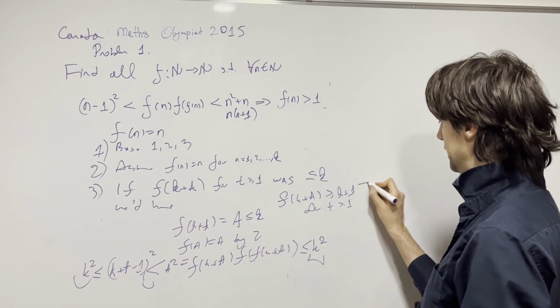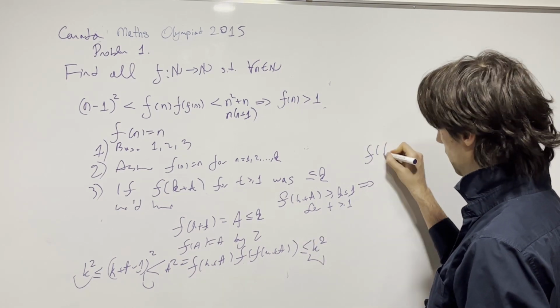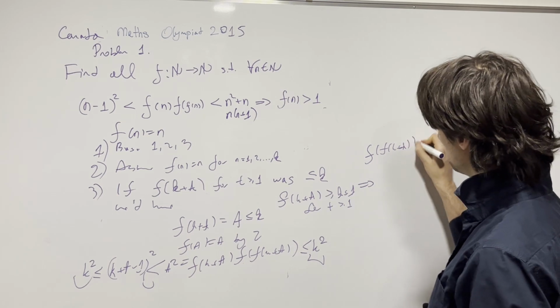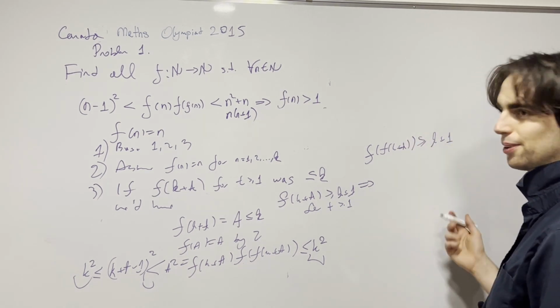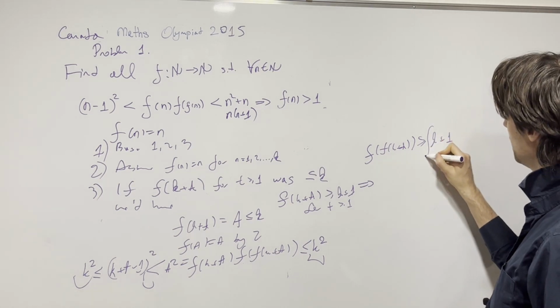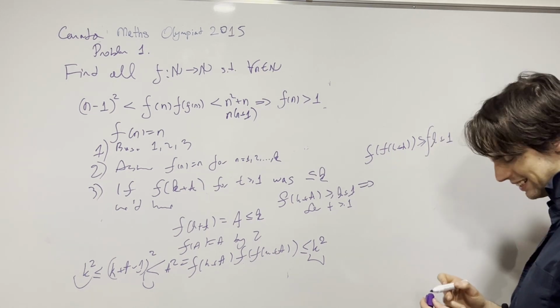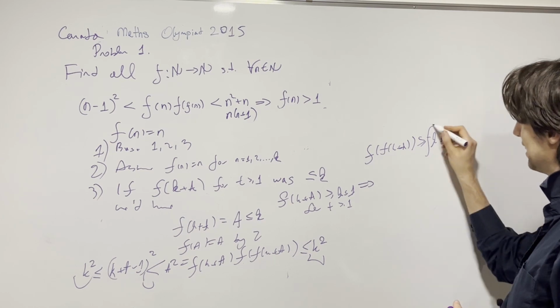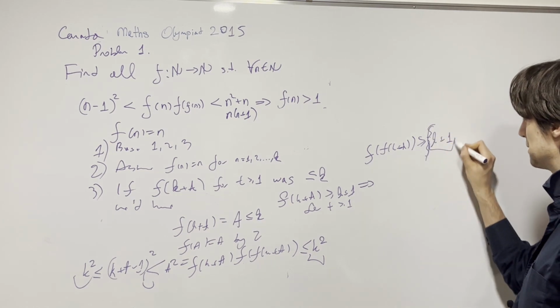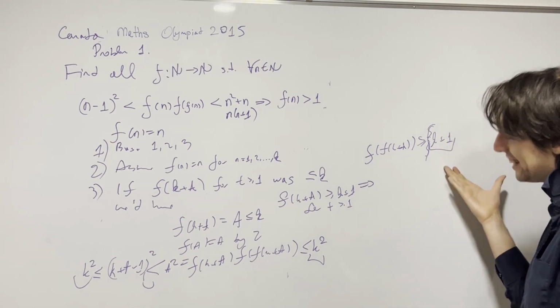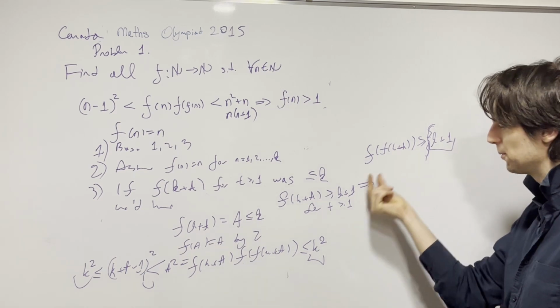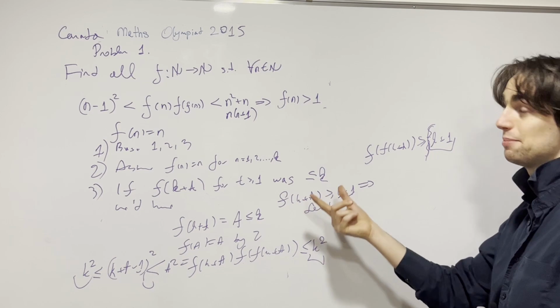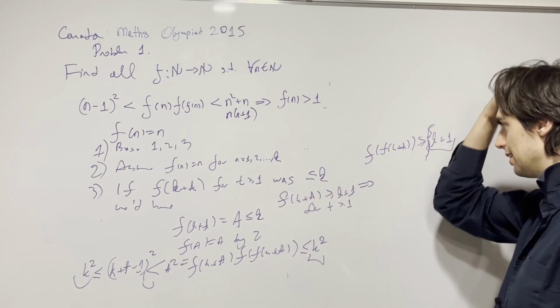Now this implies that f of k plus t is greater than or equal to k plus 1. Can I just imply it like that? I can say this because the thing inside is greater than or equal to k plus 1, and then I can apply the same thing again for a different t.